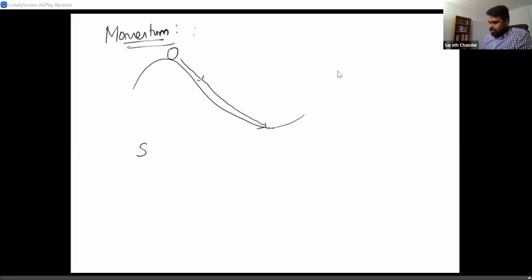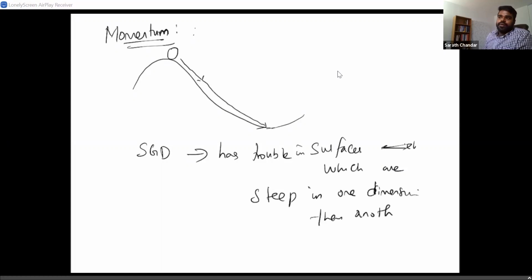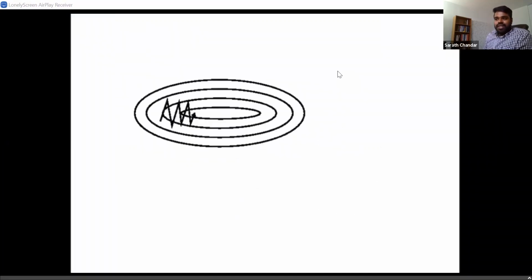First of all, stochastic gradient descent has trouble in surfaces which are steep in one dimension than another. To give you an example, here is an error surface.